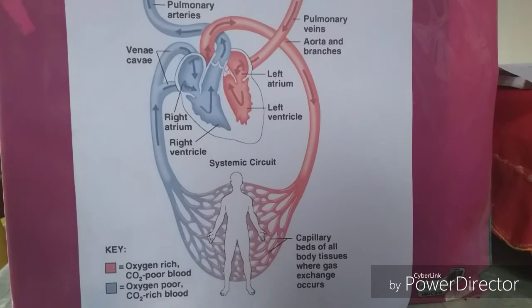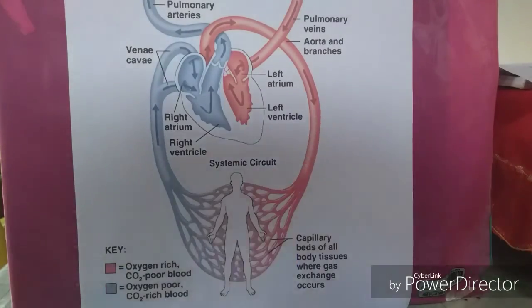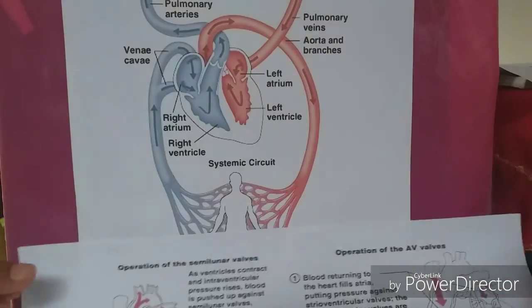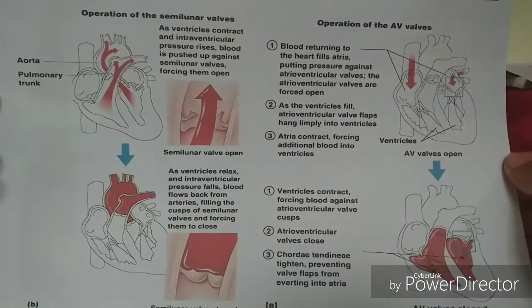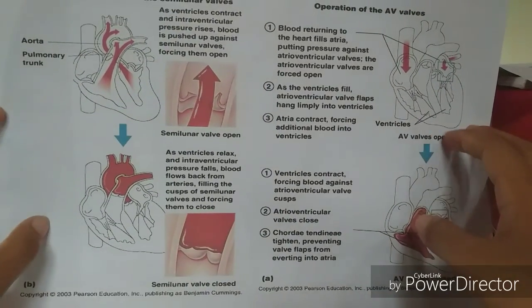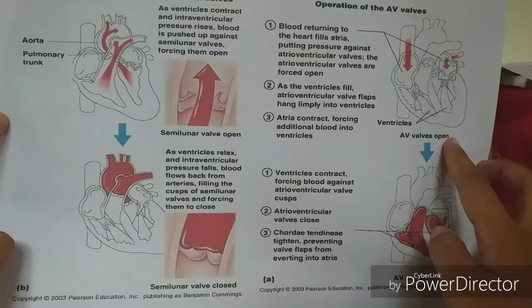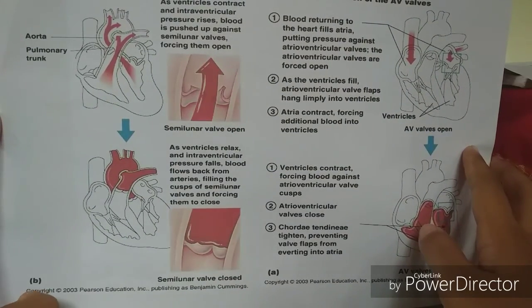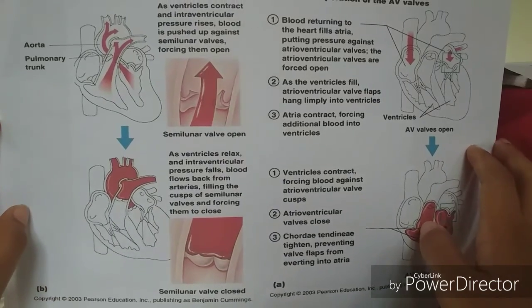So after we trace down the blood circulation, we're going to talk about the heart valves, how they work, how they function. The heart has two kinds of valves: the atrioventricular valves between atria and ventricles, and the semilunar valves between ventricle and artery.